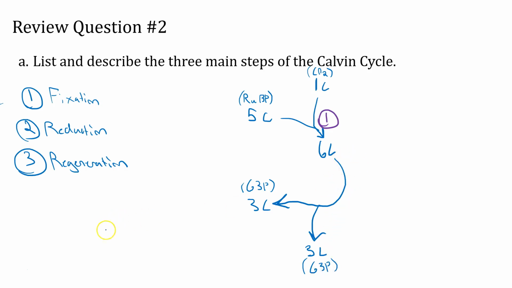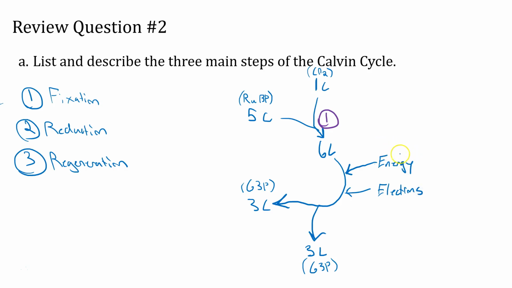And to make this whole process happen, we need to put a couple things in. We have to put a little bit of energy into the system. We also have to put a few electrons into the system.